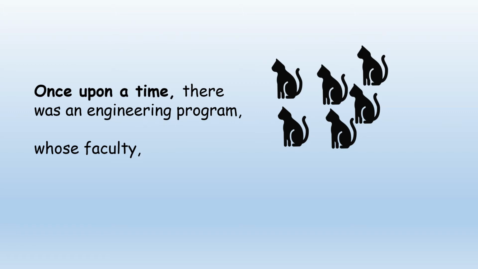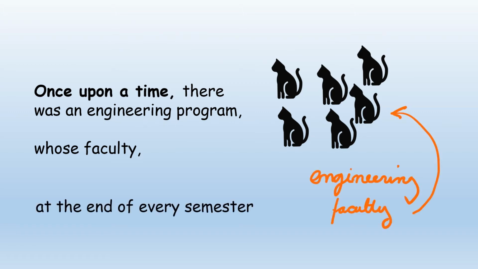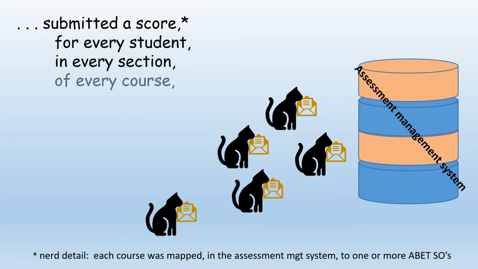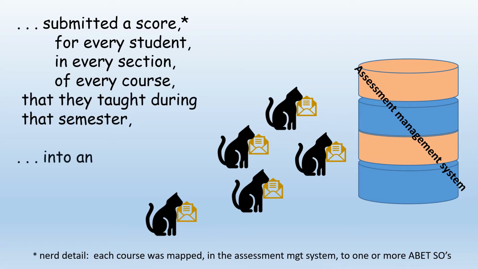Once upon a time, there was an engineering program whose faculty, at the end of every semester, submitted a score for every student in every section of every course that they had taught during that semester. They submitted the score into a centralized computer-based assessment management system.